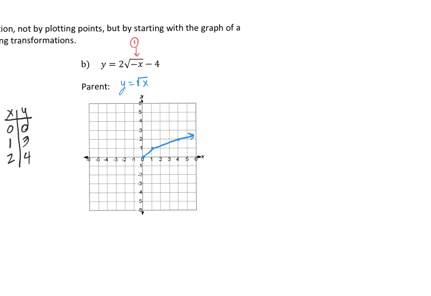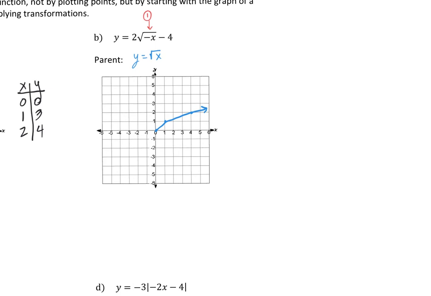This reflection means I'm going to reflect across the y-axis. So the (0, 0) stays, but the 1 for the x becomes -1. And the 4 becomes a -4. And that's what my transformation looks like.